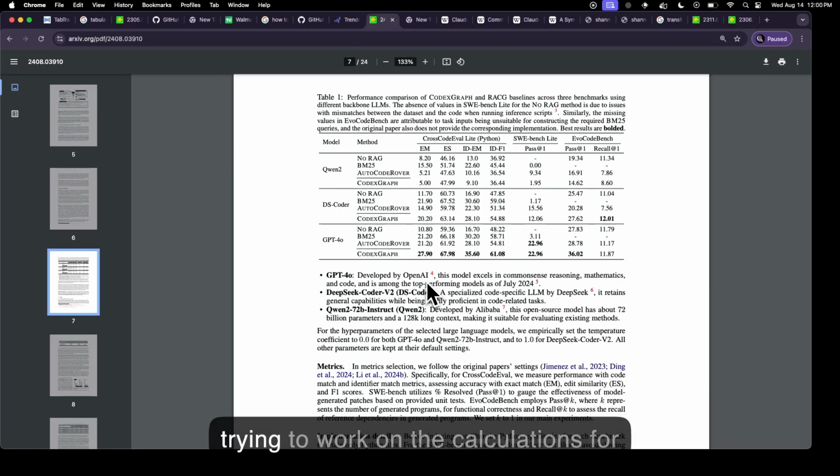When I started trying to work on the calculations for the vector embedding manifold to figure this out, if it could be possible, and I realized there were that many possible dimensions of embedding, it's just like, holy shit.